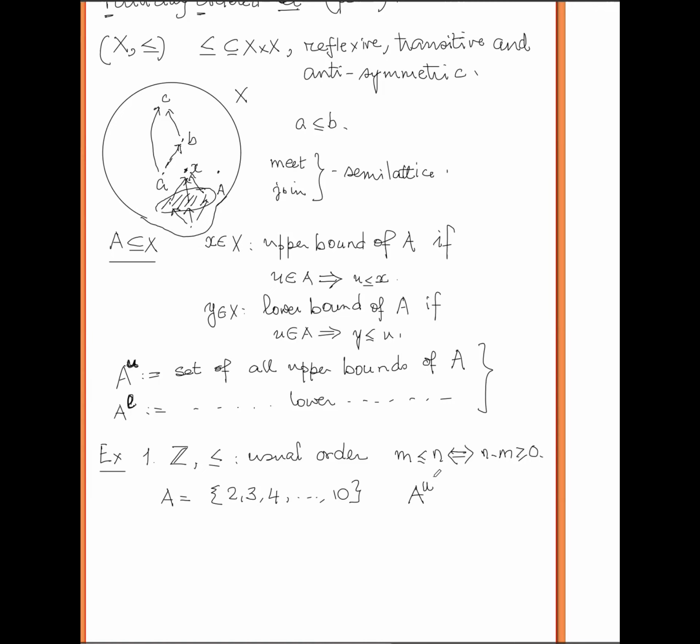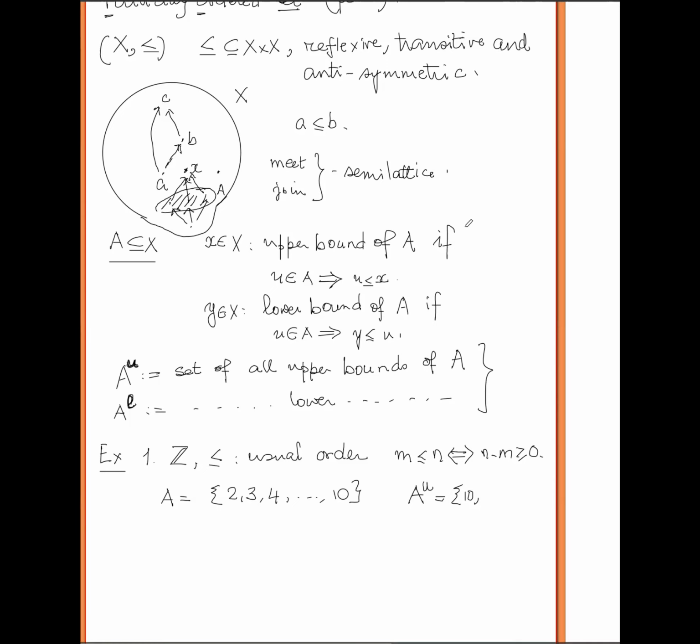Could it be 10? Well, yes, 10 is there, but it has to be a set, the set of all upper bounds. So what should it be? 10? Anything else? Or is it only 10? Yes, 10 is right. But anything else? Okay, observe.